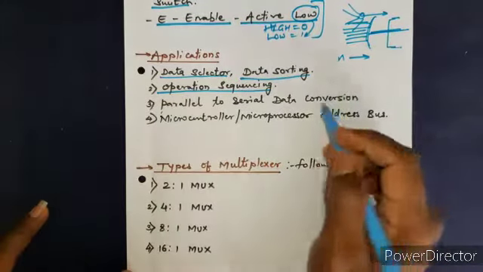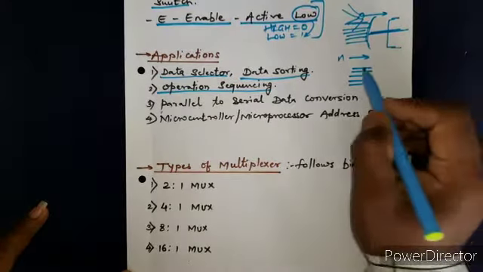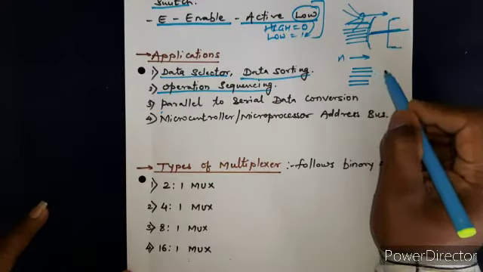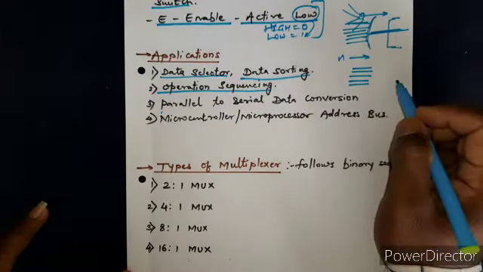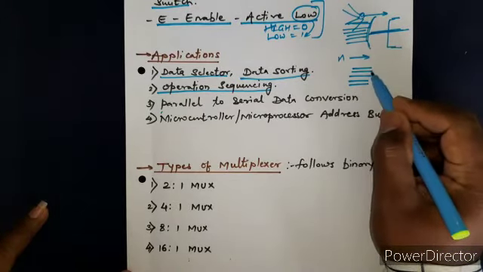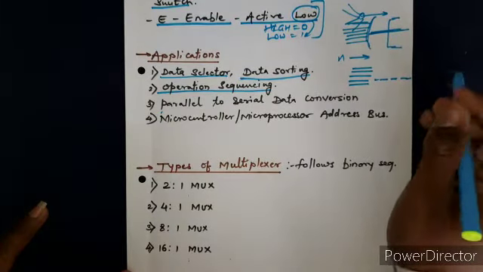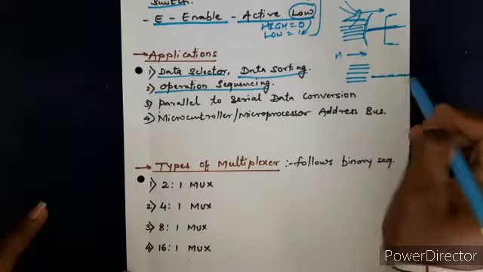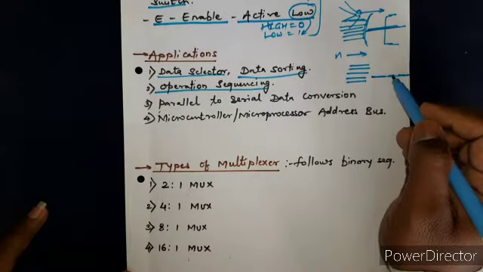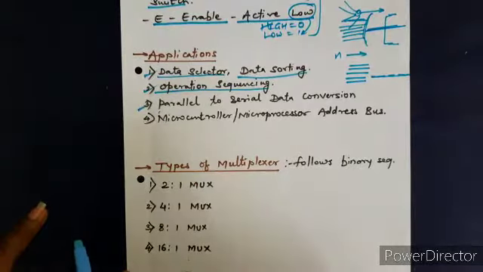Parallel to serial data: now your data is parallel, and if you want to make it serial, this multiplexer can be used. So all these lines then come in series, and your data is converted from parallel to serial. For that purpose also these multiplexers can be used.